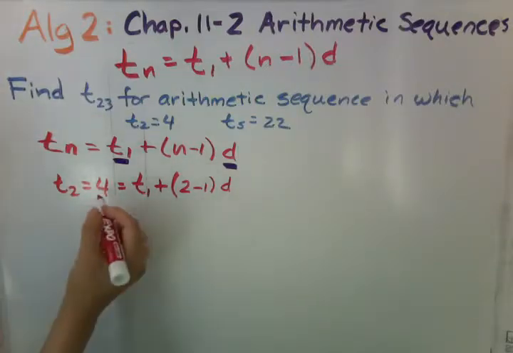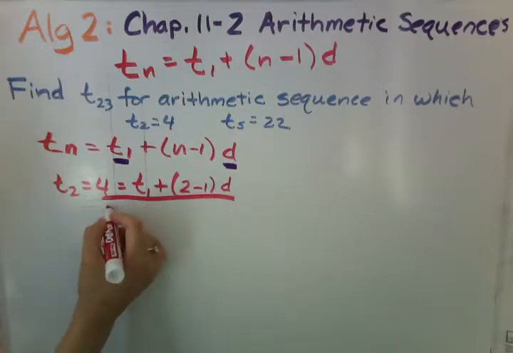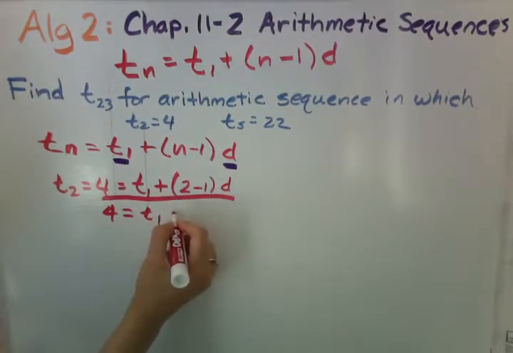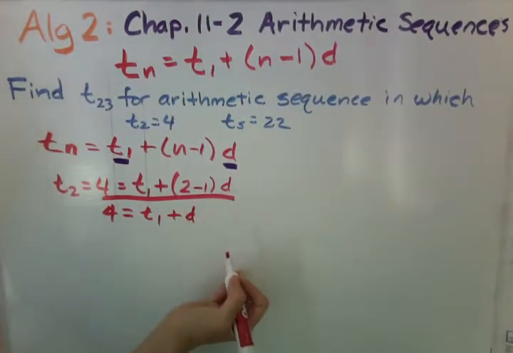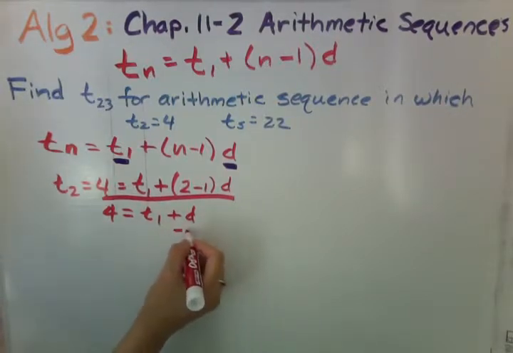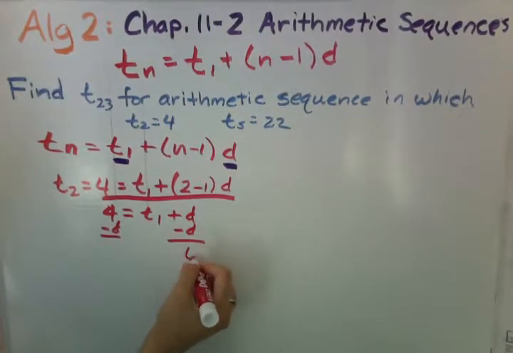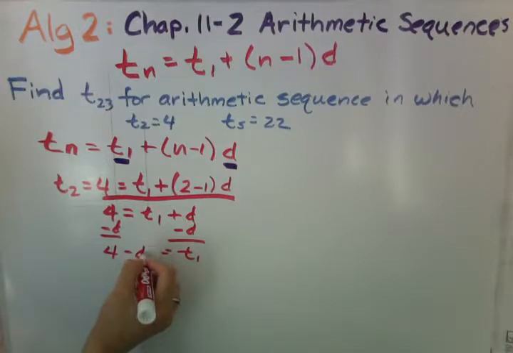Now let's go ahead and just solve right here. So we have 4 equals T1 plus 2 minus 1, which is just D. We're going to get T1 by itself, so we can go ahead and subtract D from both sides. T1, which is our first term, is 4 minus D.